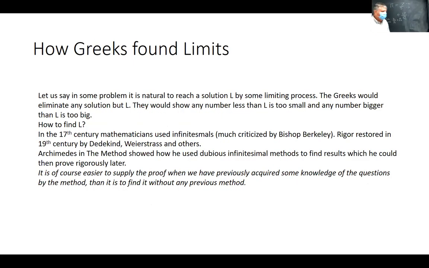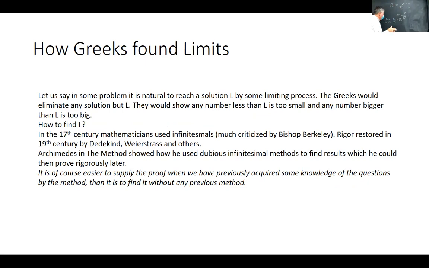So how did the Greeks actually find limits? There's a problem on the homework this week where we're looking at, was it the parabola? Yes. They have a geometric series, and Archimedes said that the answer is 4/3.